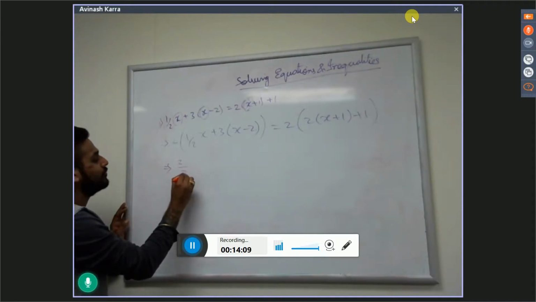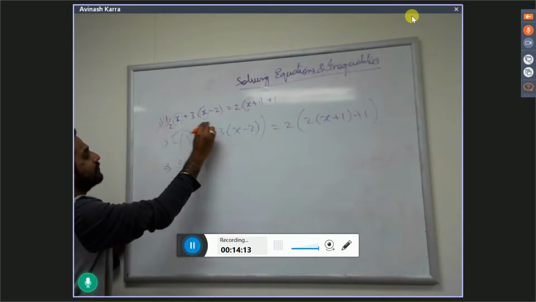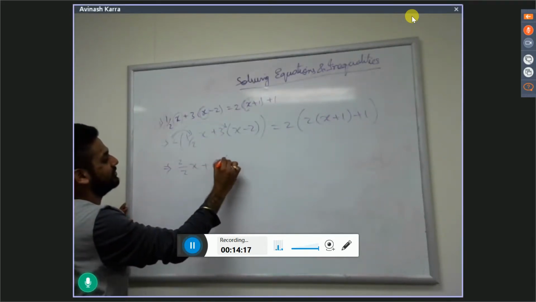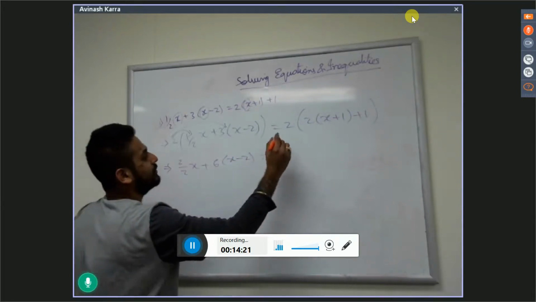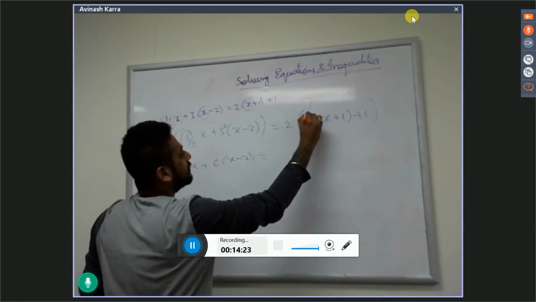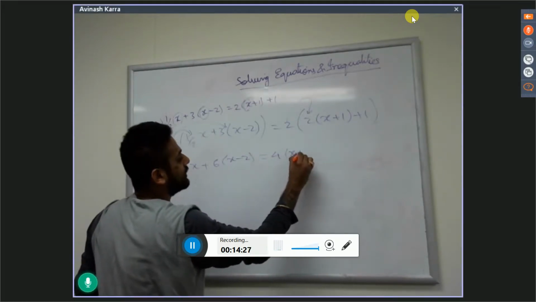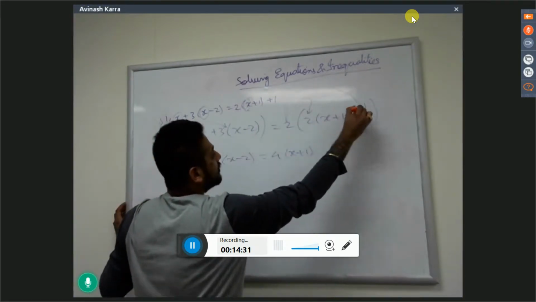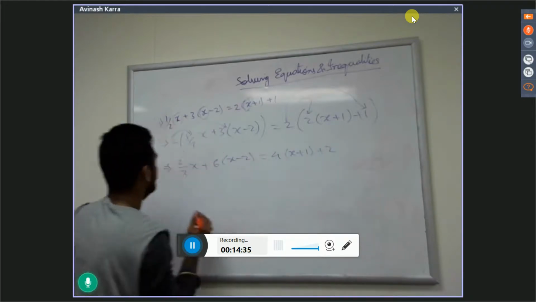So 2 by 2 x plus 6, 2 into 3, into x minus 2, is equal to 2 into 2, 4, into x plus 1, 2 into 1, plus 2.